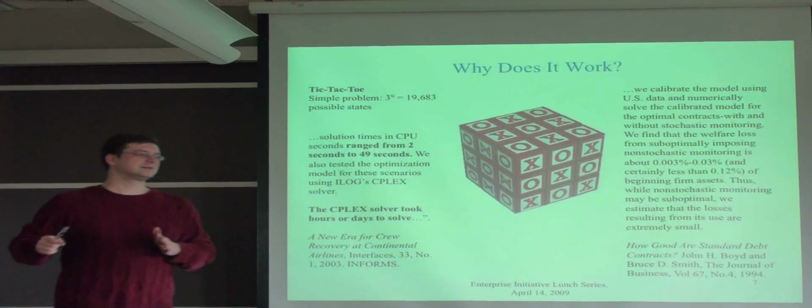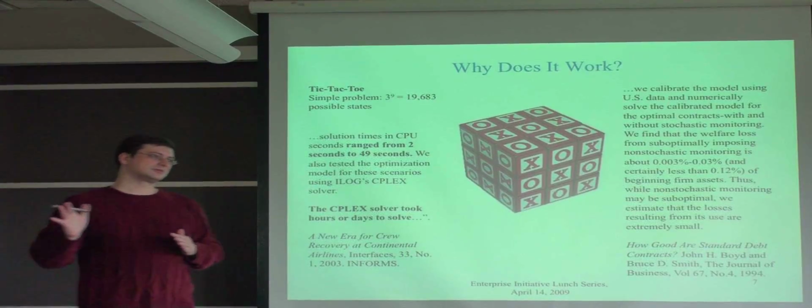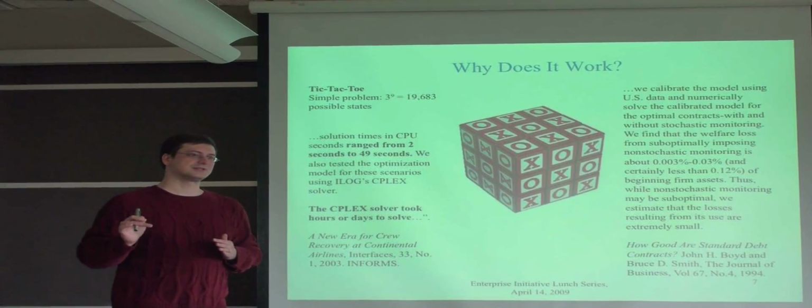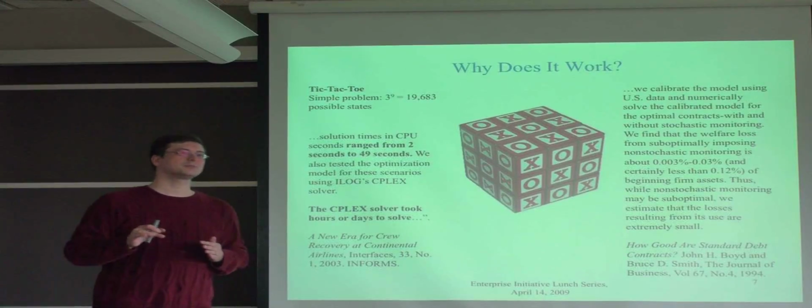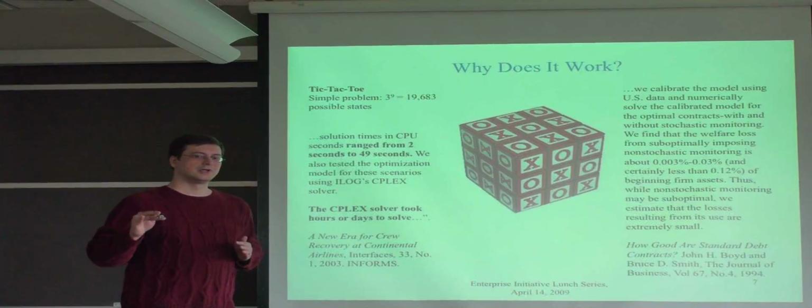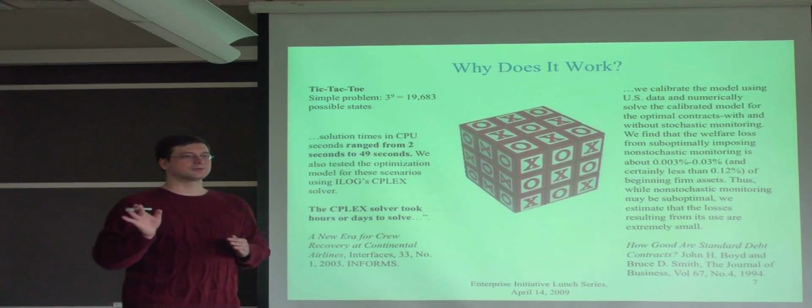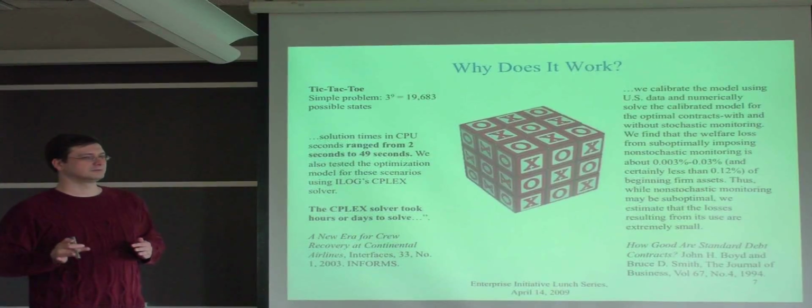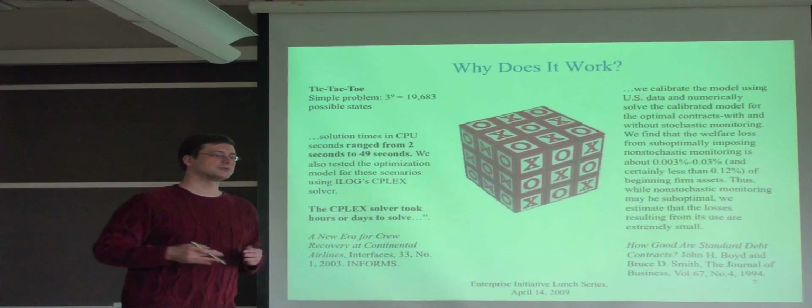Then sometime later, a few papers said that no, the standard debt contract is not optimal. The optimal contract is the one where you randomly monitor the progress of the entrepreneur. And of course, the government would like that, right? You want to have as much monitoring as possible.